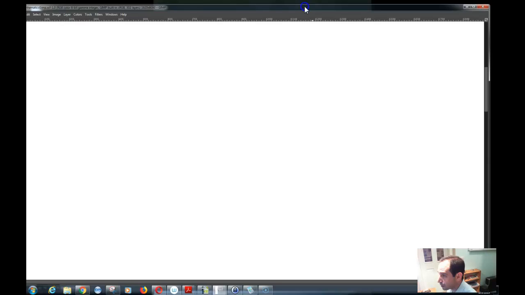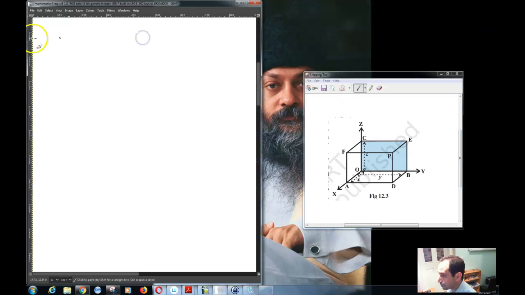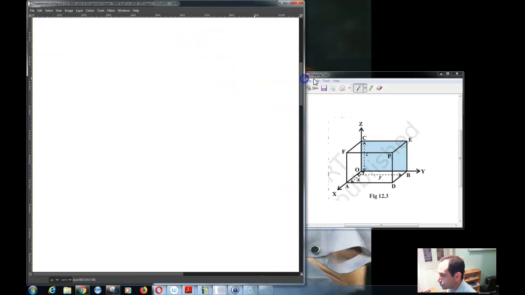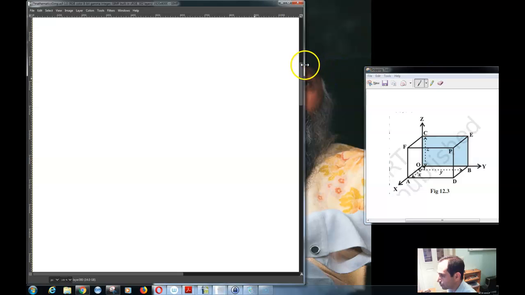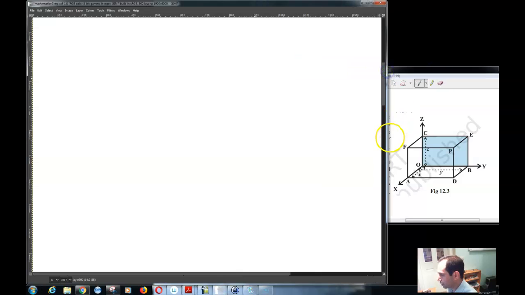So suppose that you have this 3D coordinate system here. Let's assume that the coordinates of the point P are 2, 4, 5.